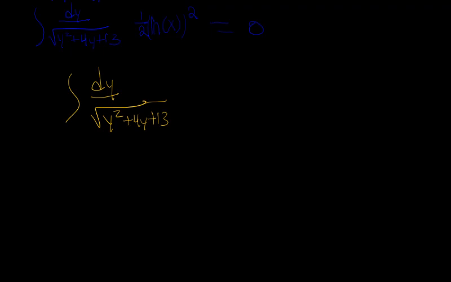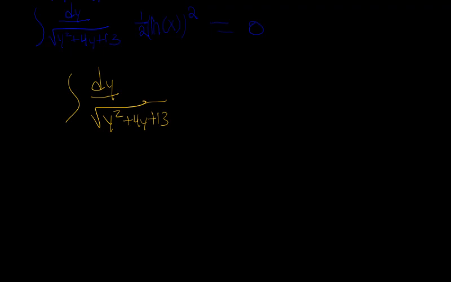So hopefully after hearing the hint, if you needed it, that helped you solve this in the end, but if you couldn't, no worries. So the integral of dy over root of y squared plus 4y plus 13, and I already said this is a trig substitution problem, so we should probably be looking for a perfect square, or something that we can make into a triangle, the root of something squared plus something else squared.